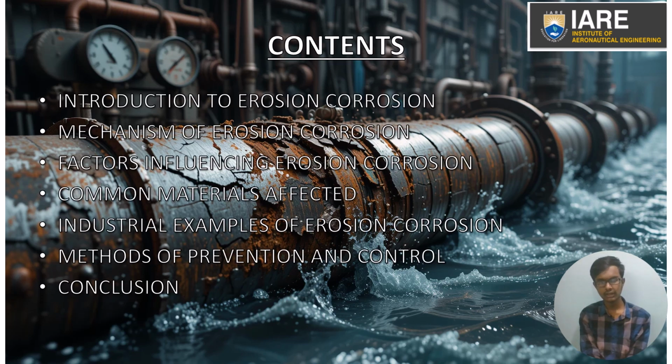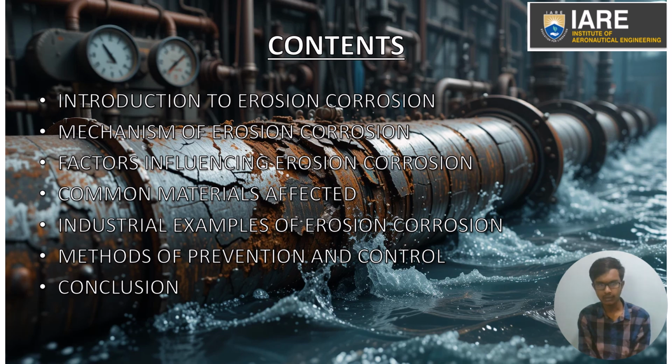So first of all, let's go through the contents which I'm going to explain in this video. In the first place, I'm going to introduce the topic of erosion corrosion, and after that I'm going to explain the mechanism of erosion corrosion, and a lot of factors which influence the concept of erosion corrosion.